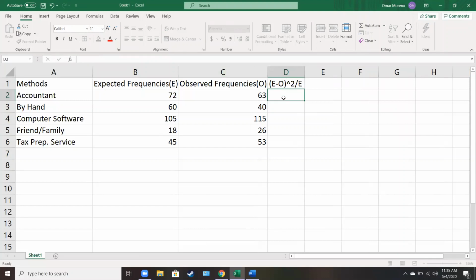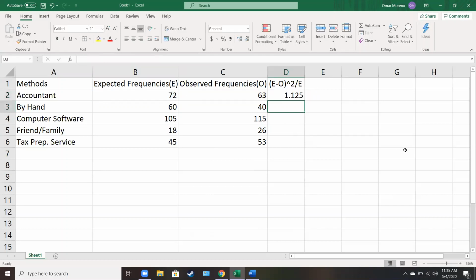So what I'm going to do is write out this equation for each line, right? So I'm going to write out my expected frequencies, and let's do this in parentheses. Expected frequency minus my observed frequency. I want to square that. And then I'm going to divide again by my expected frequency.